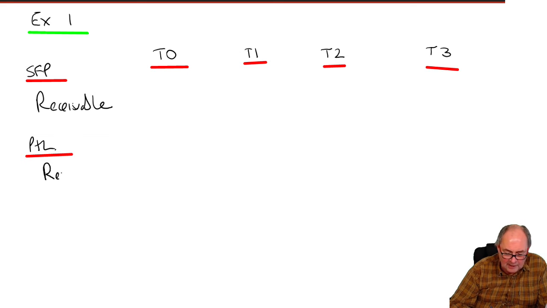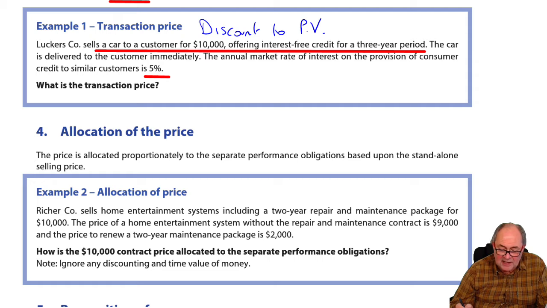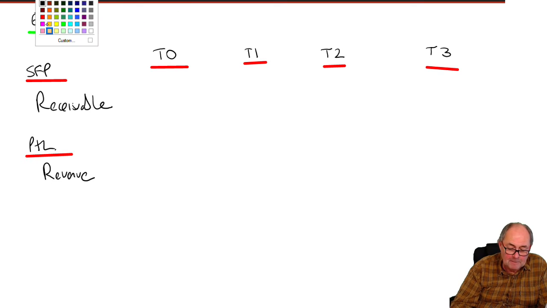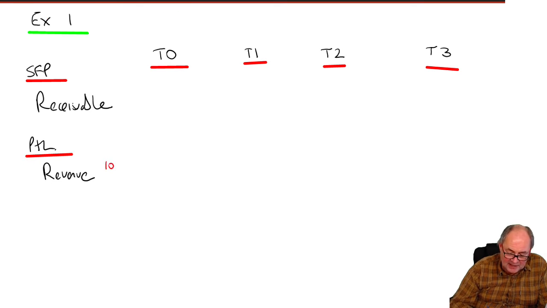Discount that in the first year. So I think this was $10,000. It is a 3-year arrangement, normal interest rates, 5%. So 10,000, 5%, 3 years.